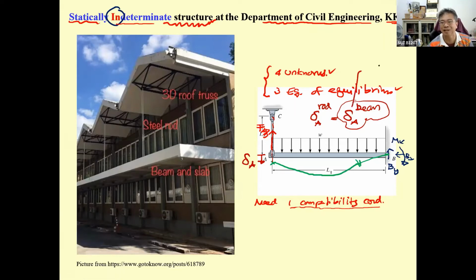You're going to study this, if I'm correct, in chapter 11, where we study the deflection of beams. So later, in the next course, we will have a chance to visit this kind of statically indeterminate structure.